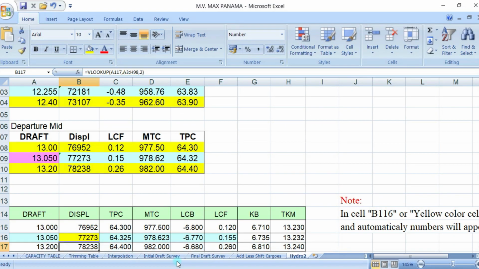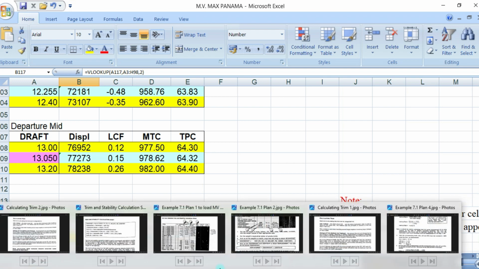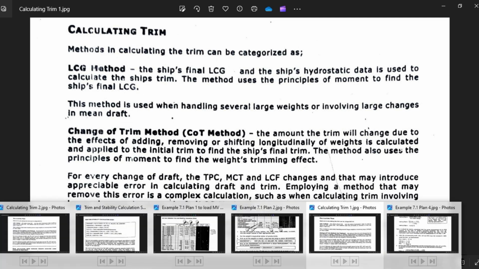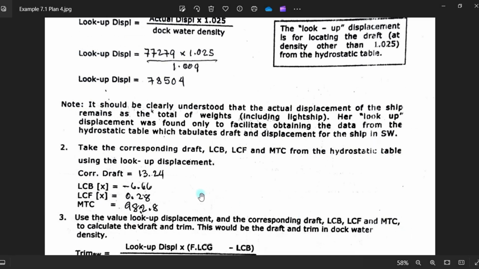For 78504, her corresponding draft will be 13.24.